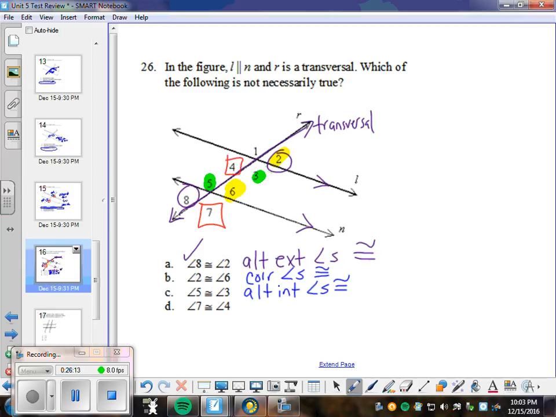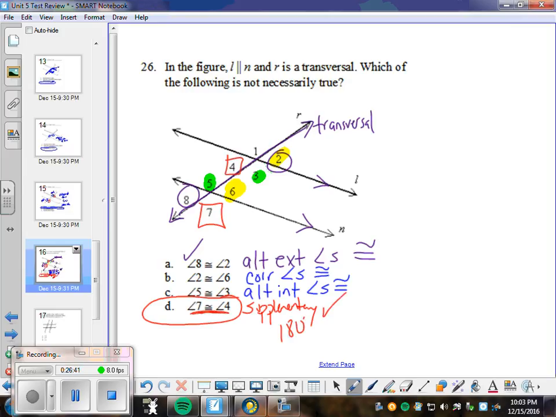They're not anything. 4 and 6 are alternate interior. 7 and 5 are vertical. And then 5 and 4 would be supplementary, so 4 and 7 would be supplementary. So this would be the one that's not necessarily true, because they should add up to 180, not be congruent to each other.